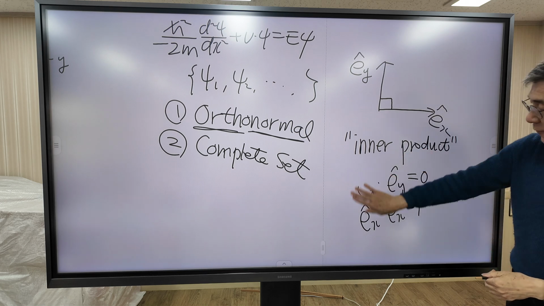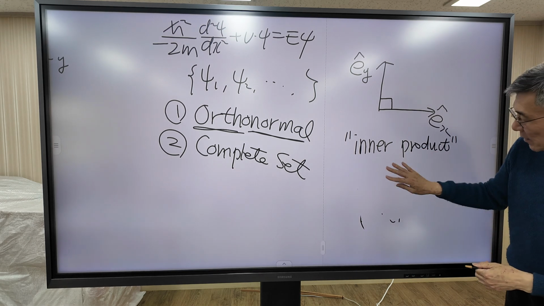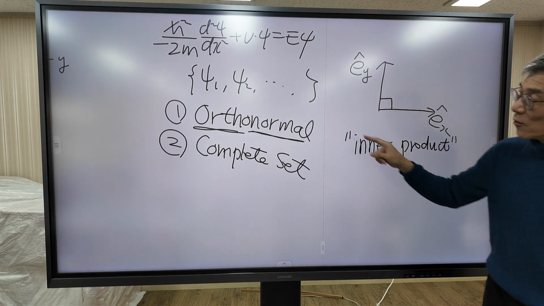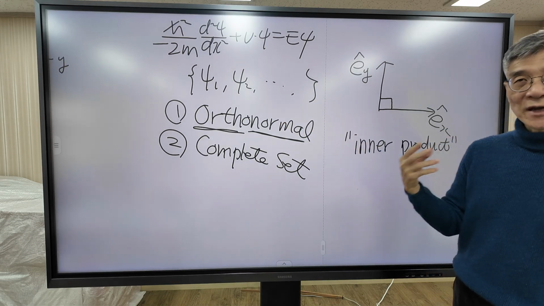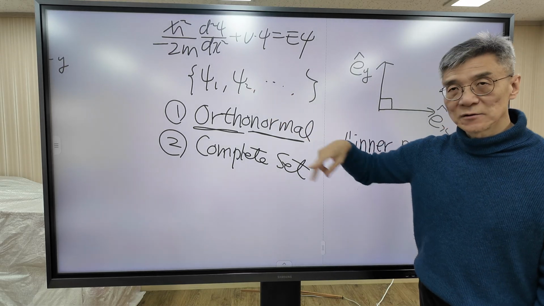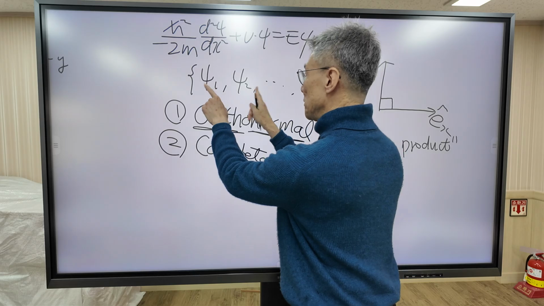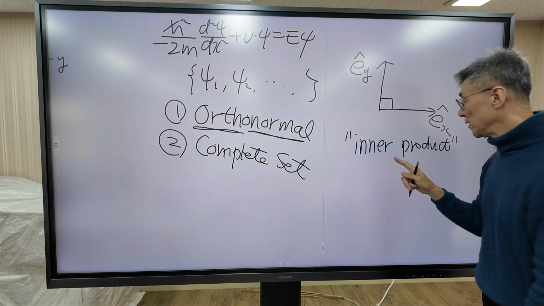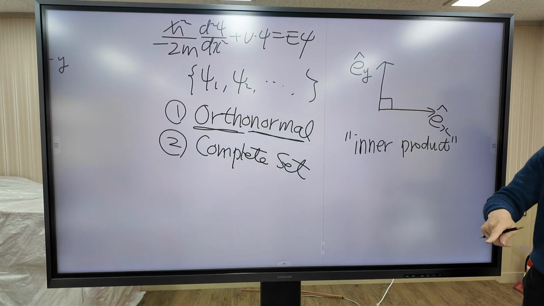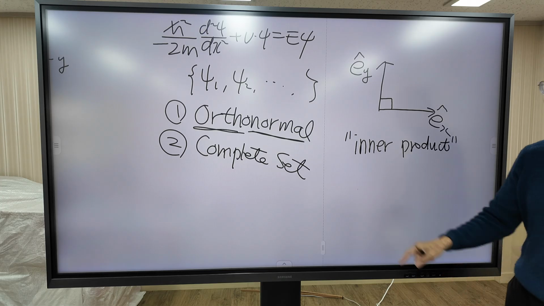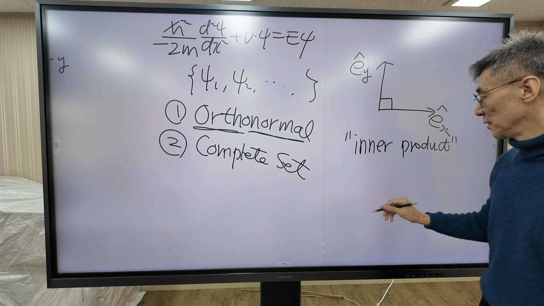So if we can define an inner product on functions, you can also say that the length of a function is 1 and two functions are perpendicular. Then how do you define the inner product of these 2 functions? It is very simple.